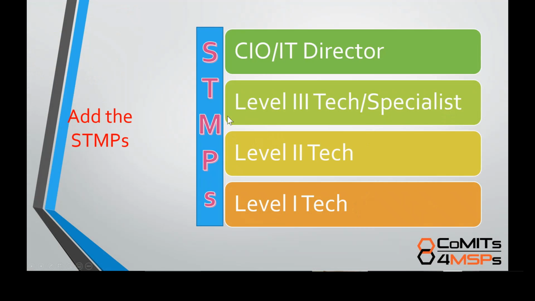So we basically talk about, and this is a very, very simplistic view, when you take a look at the organizations that we're discussing or potentially having a CoMITs relationship with, they usually have some kind of organization such as this, and this could be compressed. So not all of them have a CIO, not all of them have level 3, level 2, or even level 1. In some cases, they may have one person who fills all these hats.